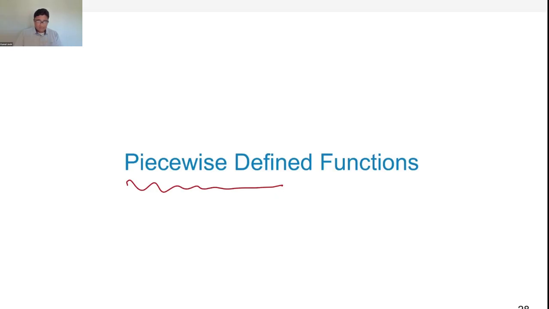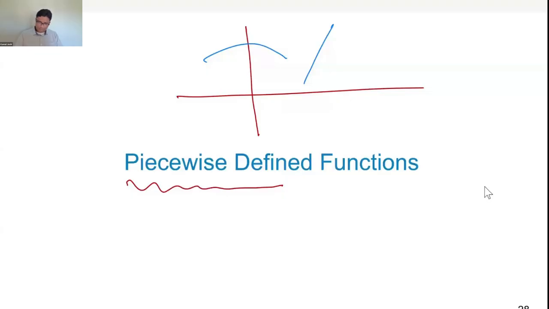You can have functions which look like different graphs stitched together. And that is exactly the idea of a piecewise defined function. For example, you could have something like this, here like this, here like that, and continuing here like that, and so on.